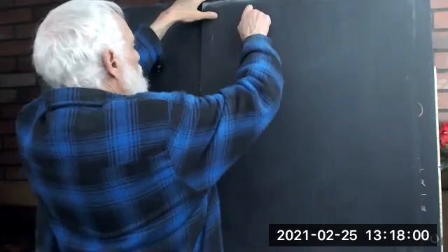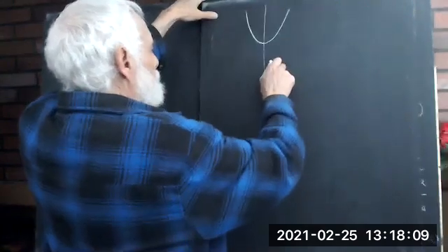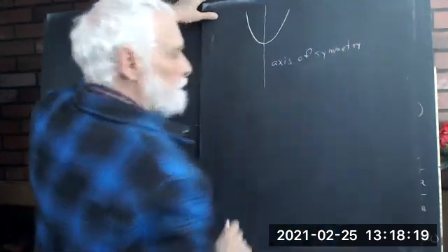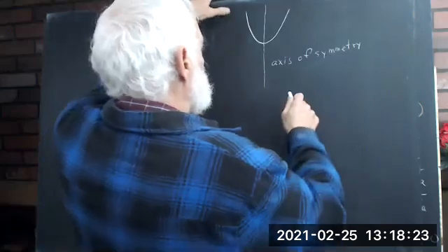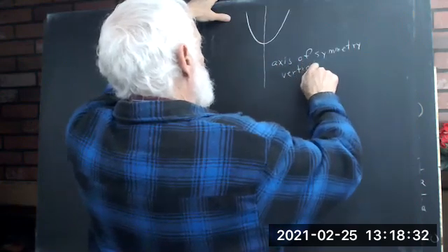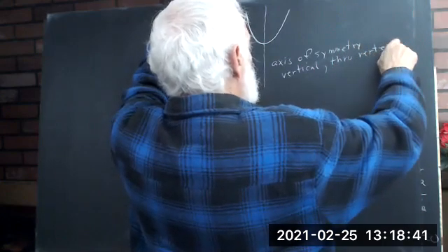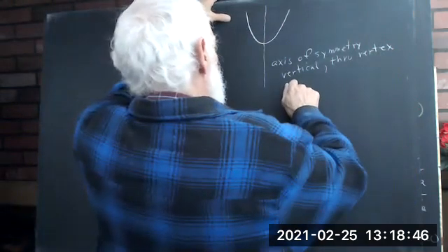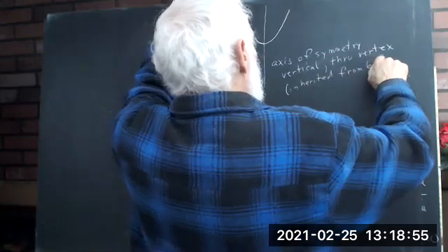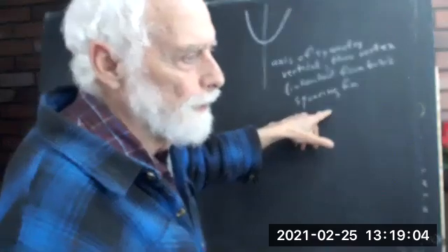Our general picture of a parabola has an axis of symmetry, which is vertical and through the vertex. This is inherited from the basic squaring function.